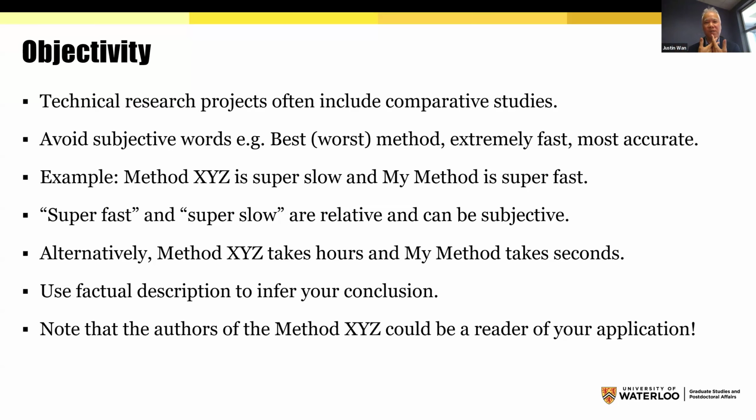Try to stay objective in your discussion of the results. Talk about the actual content. Say my method takes this many hours and the other method takes that many seconds. That's how you are able to communicate the same message without putting in subjective measures like super fast, super slow, and so on.